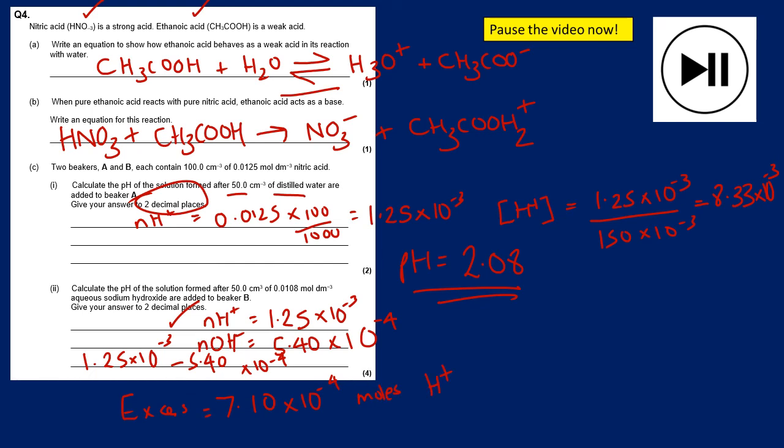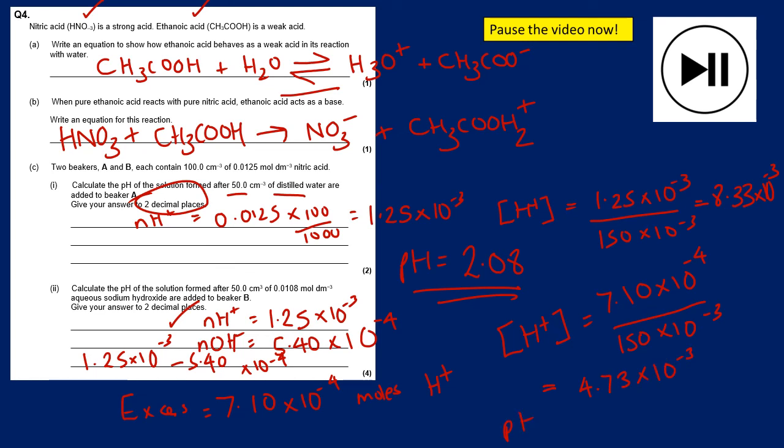I'm now going to work out my concentration of H plus, which is moles over volume, which is 7.1 times 10 to the minus 4. The new volume now is 50 and 100, so again it's over 150 times 10 to the minus 3. That's going to give me a H plus concentration, which I have as 4.73 times 10 to the minus 3.